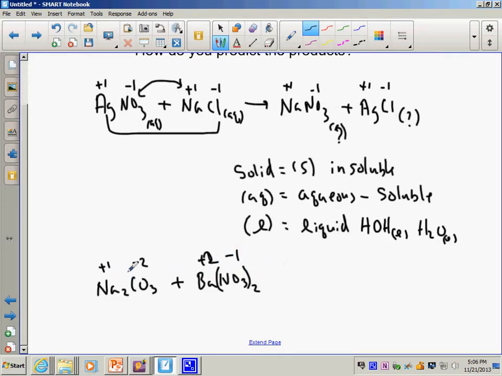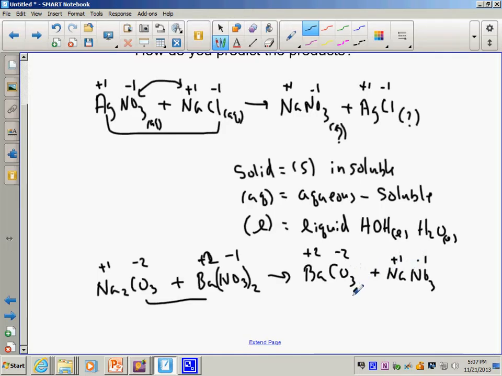Now, I like to write the charges above them. On the AP exam, they don't like that a whole lot, but the charges will never change in this type of reaction. So when I rearrange them, again, this cation goes with this anion. So the cation is always written first, barium carbonate, +2 -2, and then we have sodium nitrate, NaNO3, +1 -1.